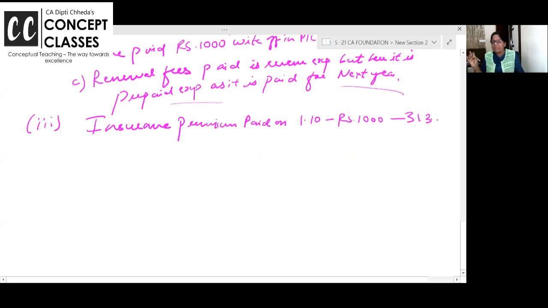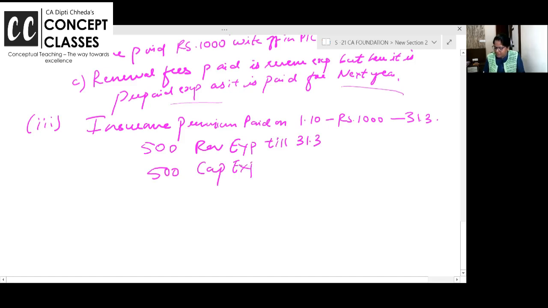October, November, December, January, February, March. 6 months is related to this year. But you know that insurance you always pay annually for 12 months. So 500 is revenue expenditure till 31st March, and 500 is for the next year.